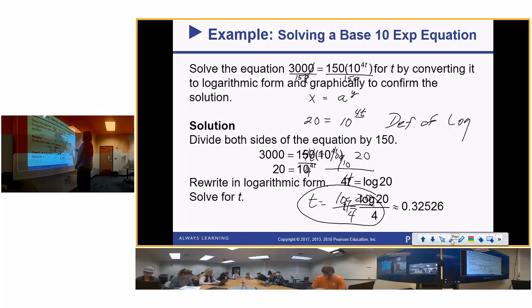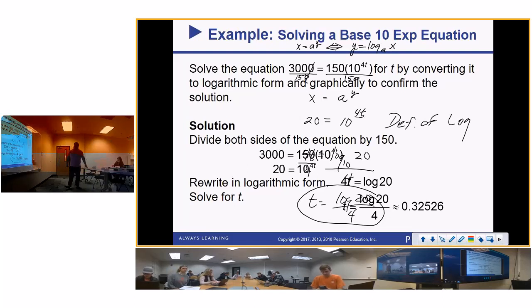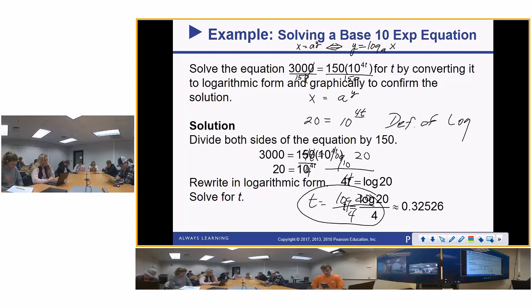The definition of a logarithm is x equal a to the y yields y is equal to log base a of x. Remember the first thing I told you to memorize? That's it. And you can go both ways.